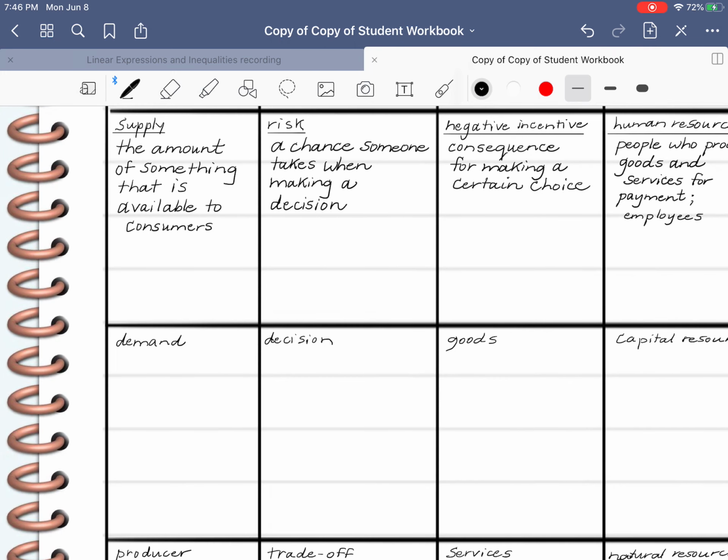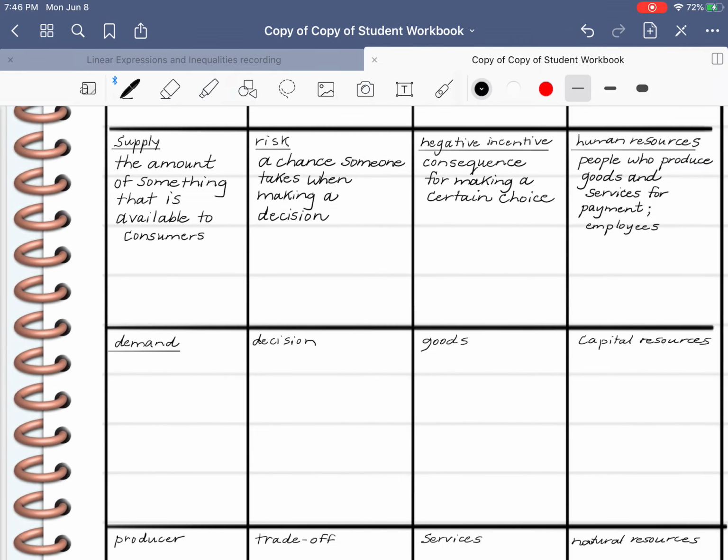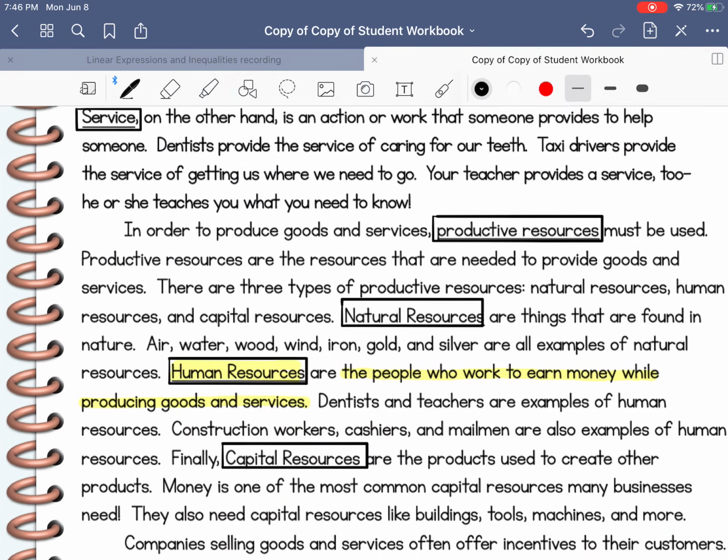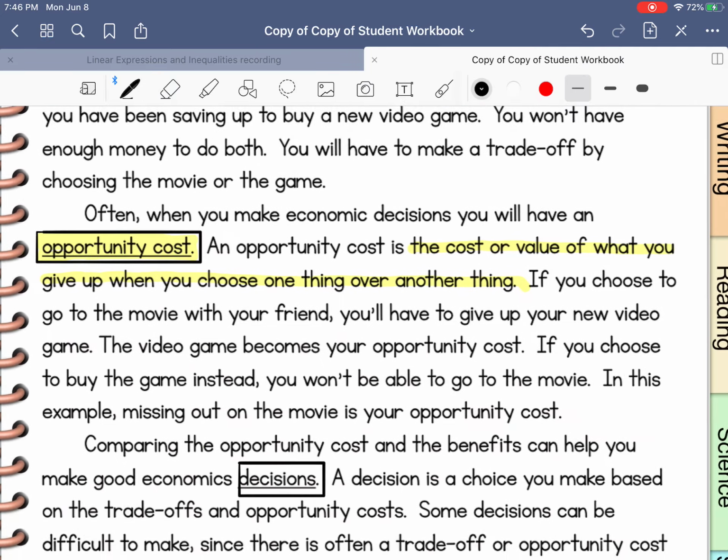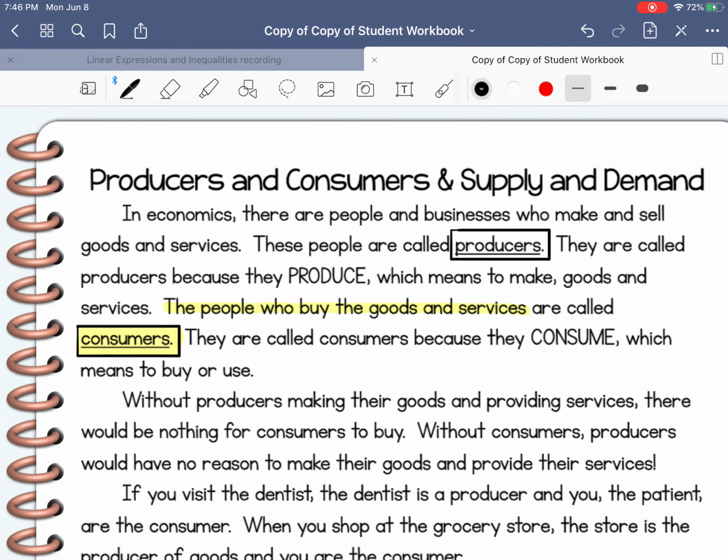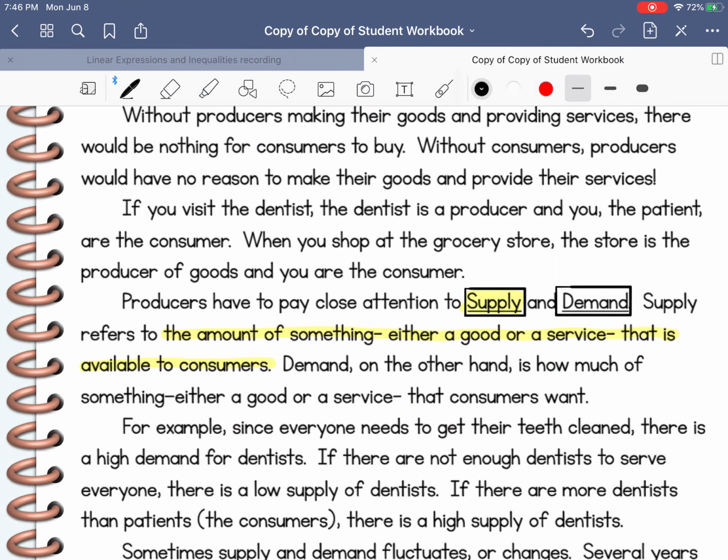So what is demand? Demand. That goes with supply. In economics, you rarely hear one without the other. Supply, demand, demand, supply. Demand, on the other hand, is how much of something, either a good or service, that consumers want.